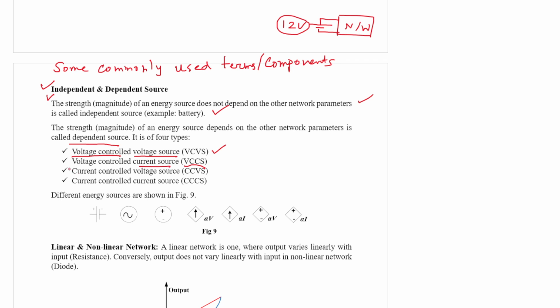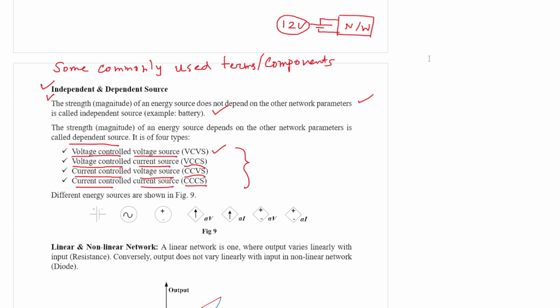Its magnitude is dependent on some voltage. Third one, CCVS, that means it is a voltage source. Its magnitude is dependent on some current. And fourth one is CCCS, that means it is a current source. Its magnitude is dependent on some other current. So we have four dependent sources: VCVS, VCCS, CCVS and CCCS.